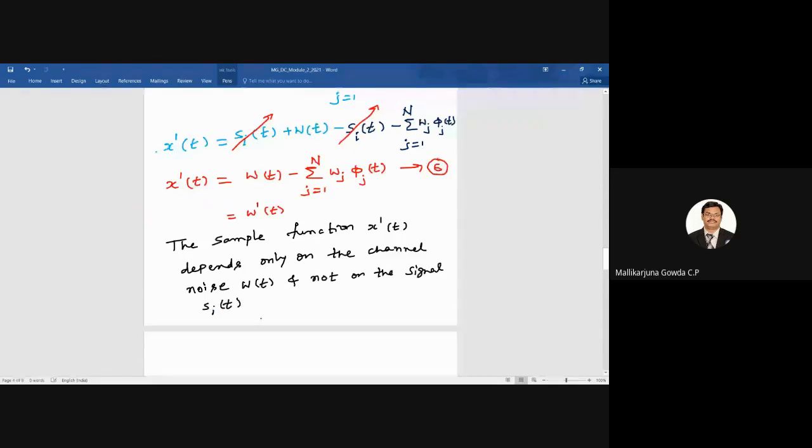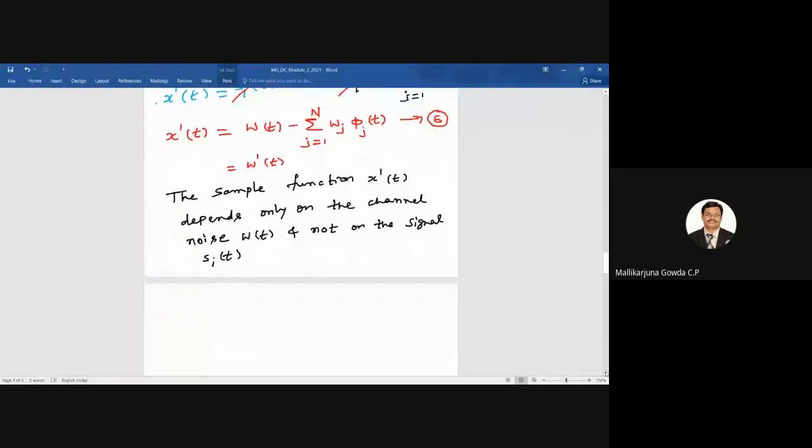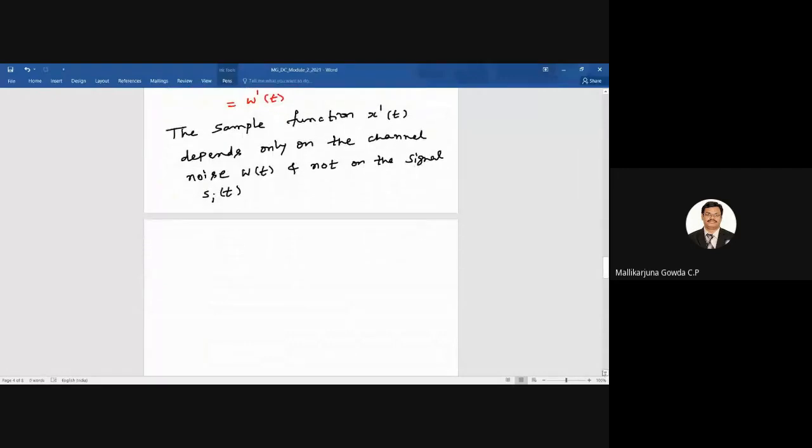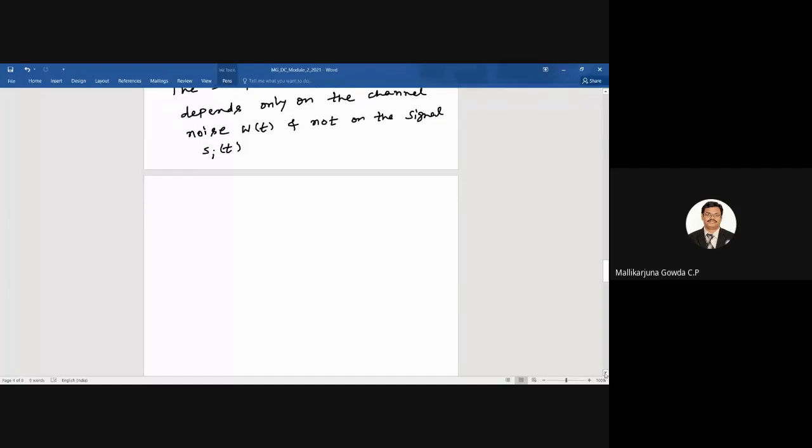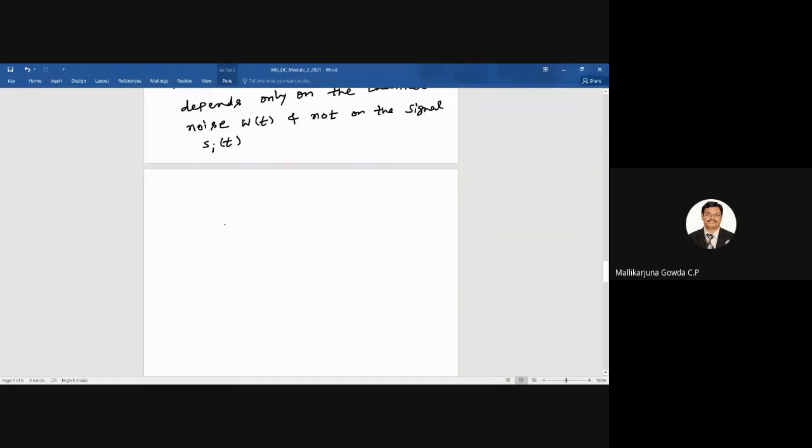Okay. Hence, what can I write? Since x dash of t depends only on the channel noise, not on the signal Si of t, I already proved that x dash of t is equal to w dash of t, right?